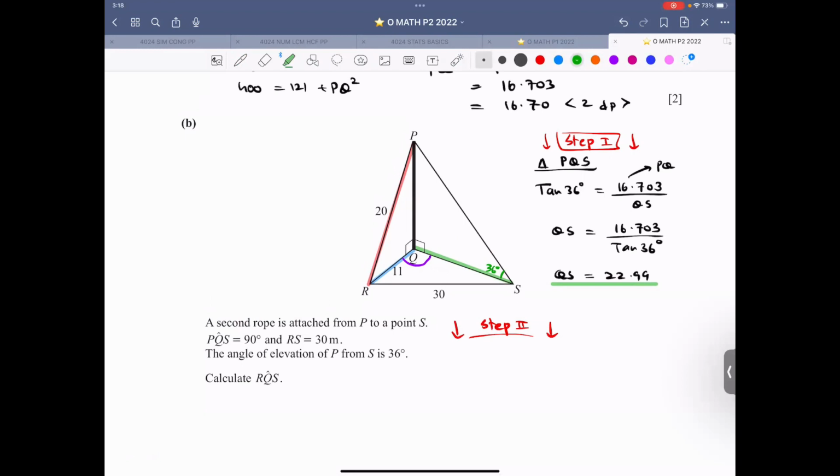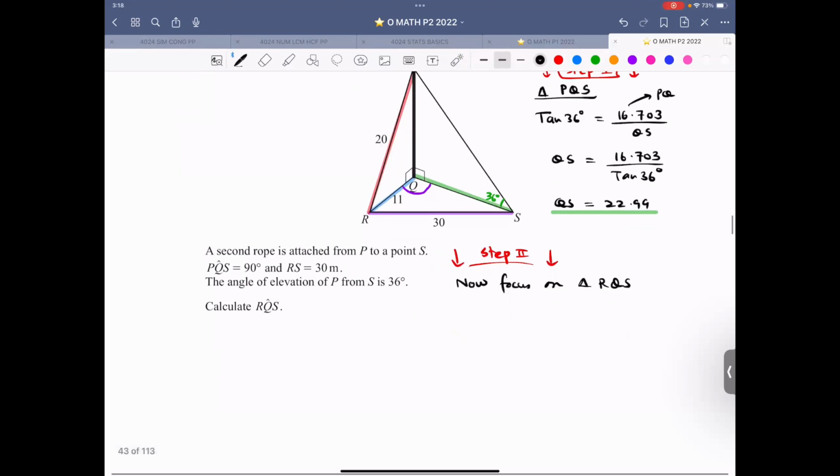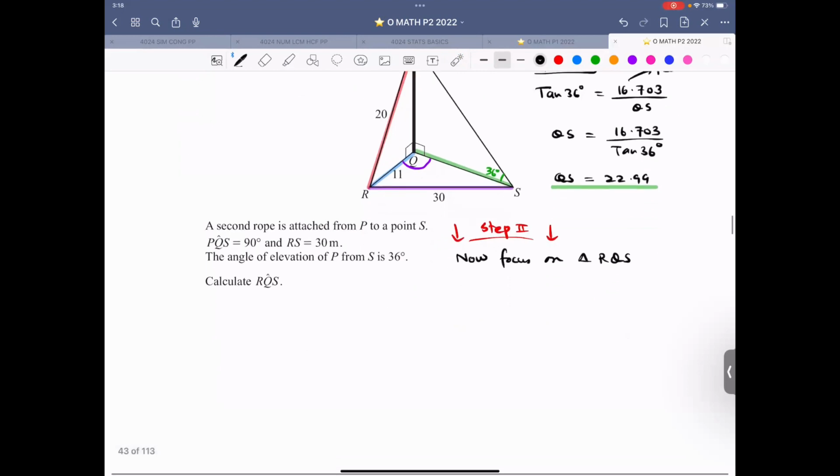Now focus on this purple one, this triangle, which is this triangle on the ground. That is RQS. So now focus on triangle RQS. All three sides are given and they're asking for the angle. So apply cosine rule.